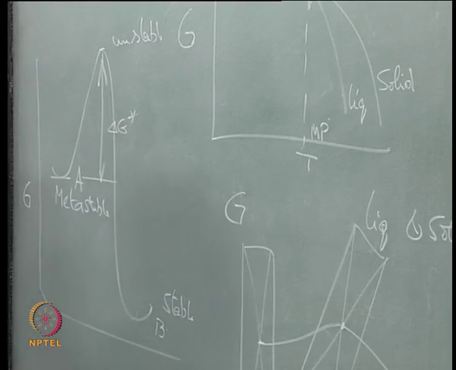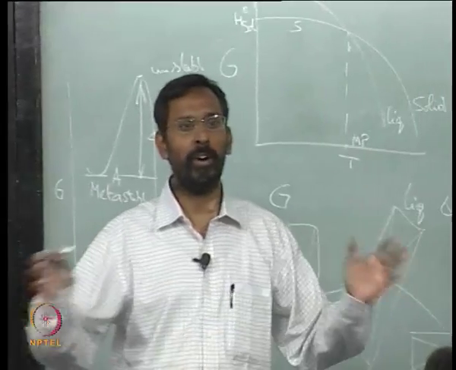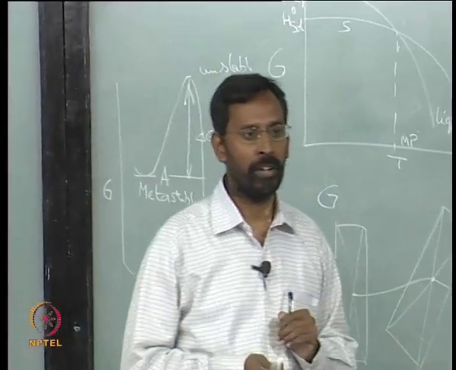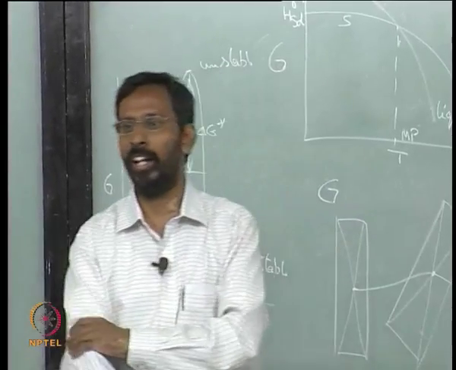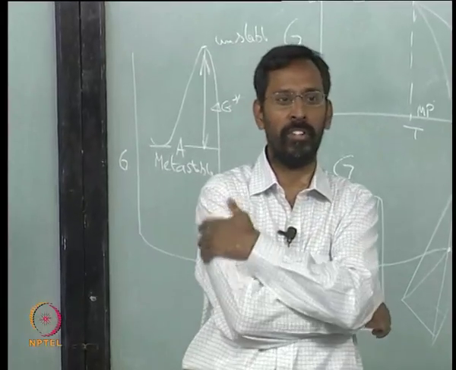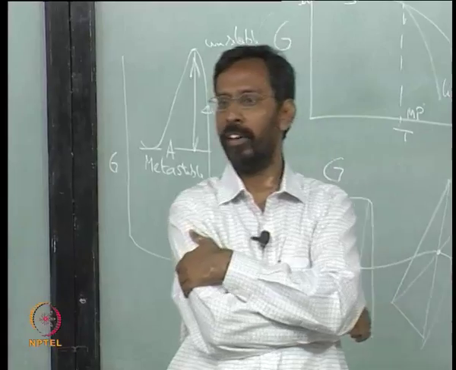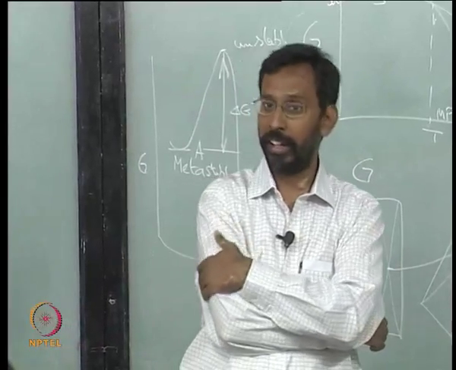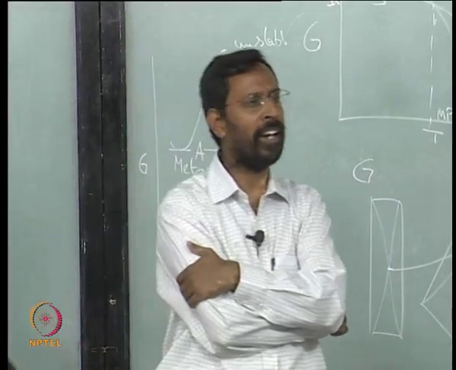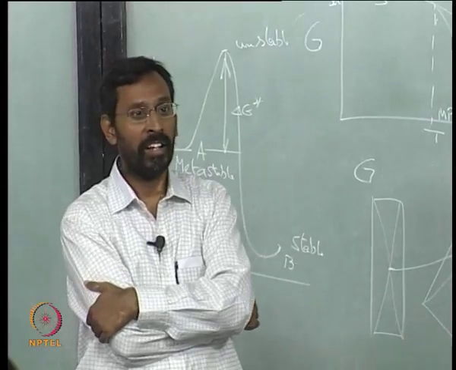Many of you, all of you know about steels, I suppose. If I look at the microstructure of steel, what would I see? Perlite. What is perlite? Ferrite and cementite. Do you know that this cementite is not a stable state? It is metastable.